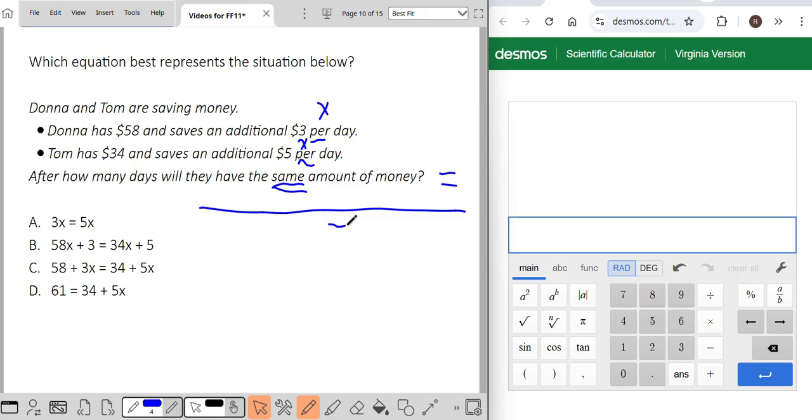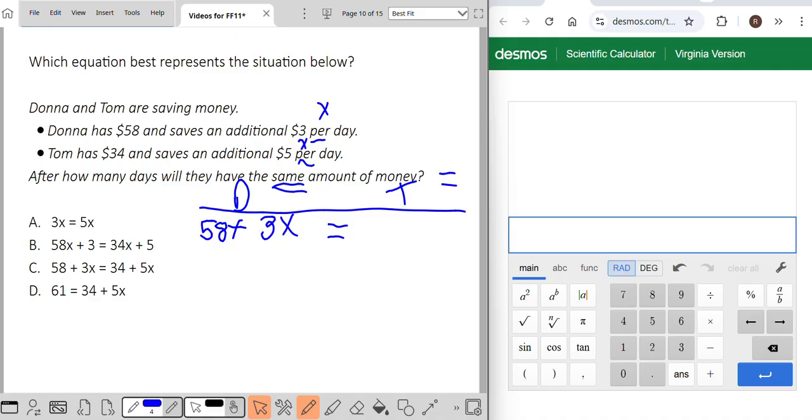So we know that we want the two sides to be equal. And we know Donna's over here and Tom's over here. Donna has $58. That's not going to change. She has that amount ready to go. But she's going to save, which means we're adding to that money, $3 every day.